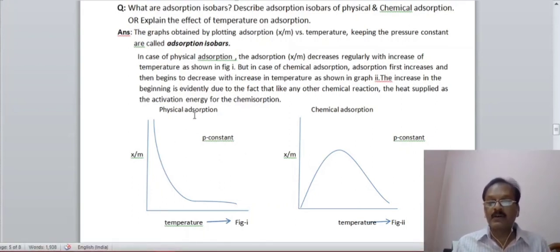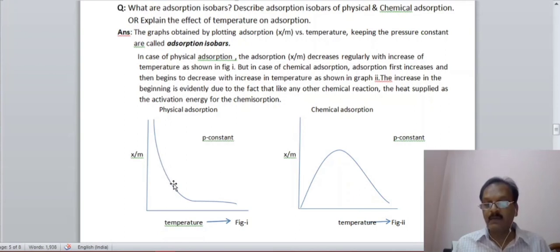In physical adsorption, we study the amount of adsorption on the surface of the adsorbent with temperature, and the second one is the amount with respect to temperature in the case of chemical adsorption. In physical adsorption, as you increase the temperature, the amount of adsorption of a substance on the surface of the adsorbent goes on decreasing.